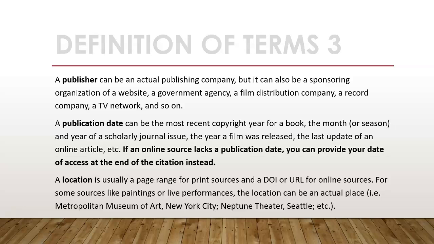Lastly, a location is usually a page range for print sources and a DOI or URL for online sources. For some sources, like paintings or live performances, the location can be an actual place, i.e. Metropolitan Museum of Art, New York City, Neptune Theater, Seattle, etc. Moving right along.